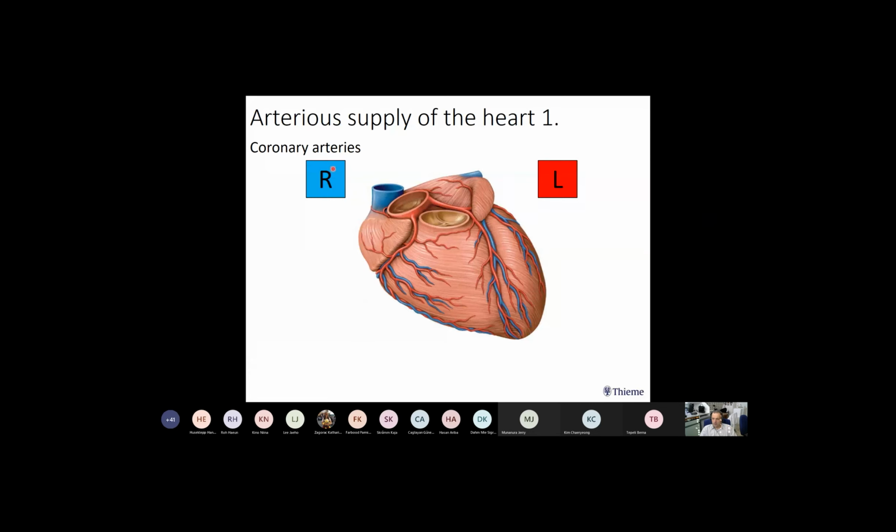There are two coronary arteries in the human heart which are responsible for the blood supply. On the right side, you have the right coronary artery, and on the left side, we have the left coronary artery. This is what I would like to talk about in the coming couple of minutes.